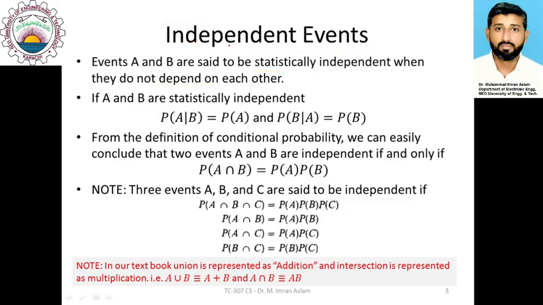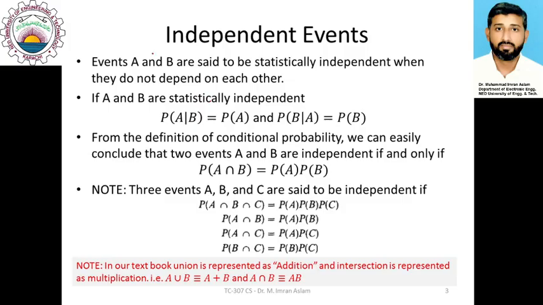That means occurrence of A does not affect occurrence of B, or occurrence of B does not affect occurrence of A. If the events A and B are independent, their conditional probability will not change whether the event has occurred or not.